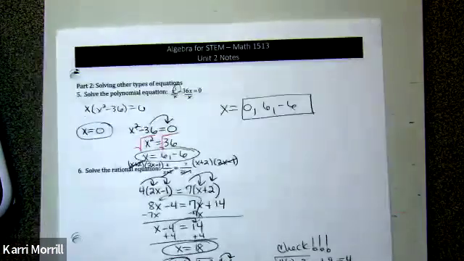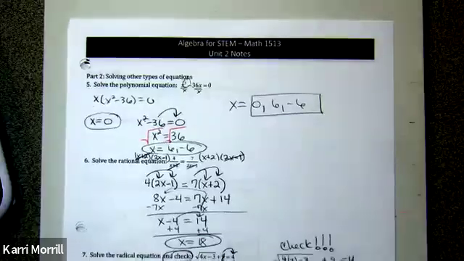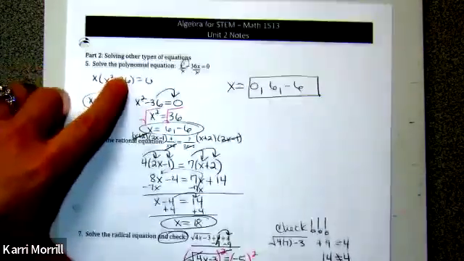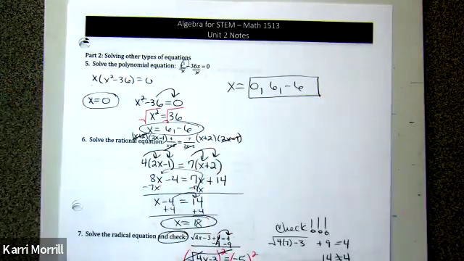Part 2, there's those other types of equations which relate to those non-linear systems, in a sense, I guess. So solve a polynomial equation. You're only solving for x, though. You don't have to deal with y.